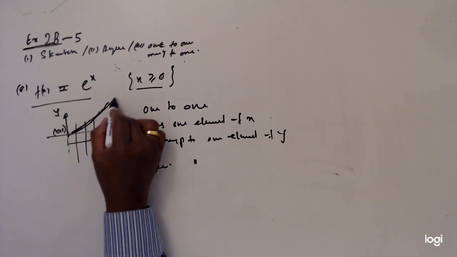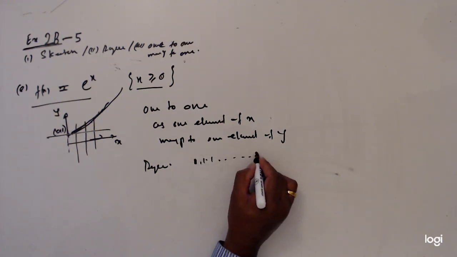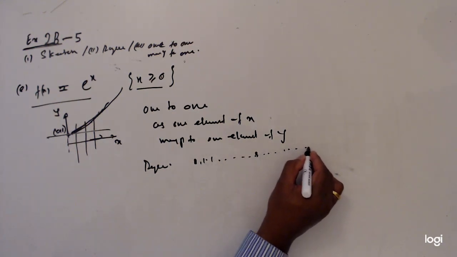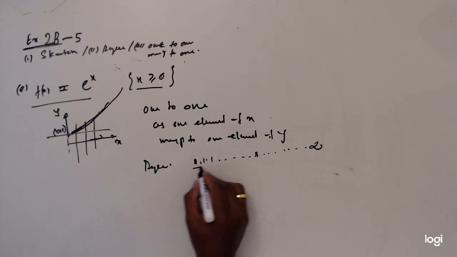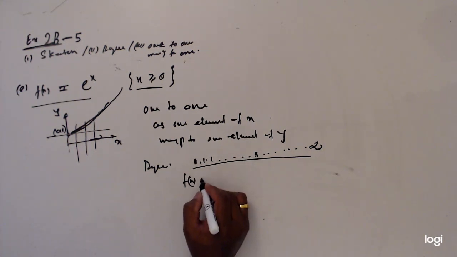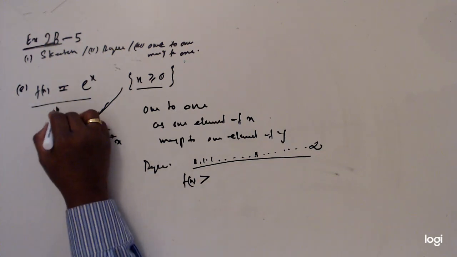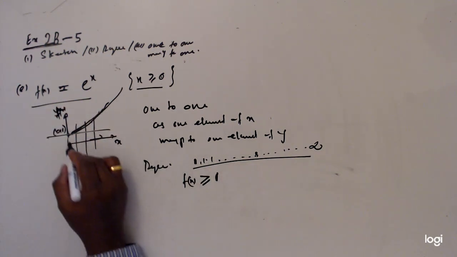Likewise, this graph goes to infinity. So 1, 1.1, likewise 3, 4,000, it goes up to infinity. So simply, instead of writing all the infinite numbers, f(x) is greater than or equal to 1. 1 is also possible.